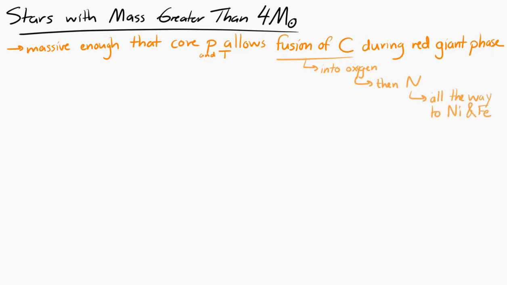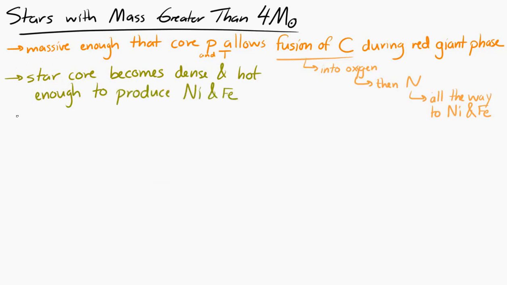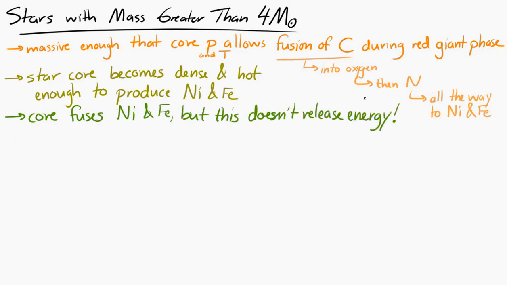And if you remember back to nuclear physics, nickel and iron are the most stable elements. So the core becomes denser and hotter until nickel and iron fuse. But this doesn't release any more energy. Those elements are very, very stable.